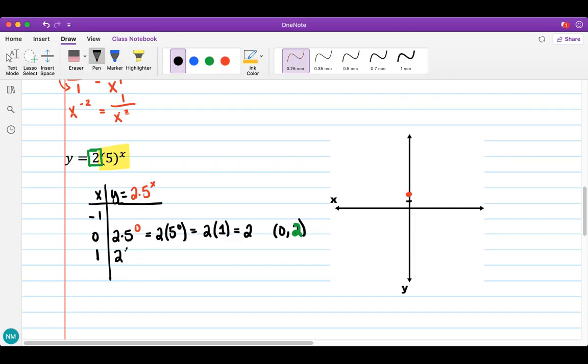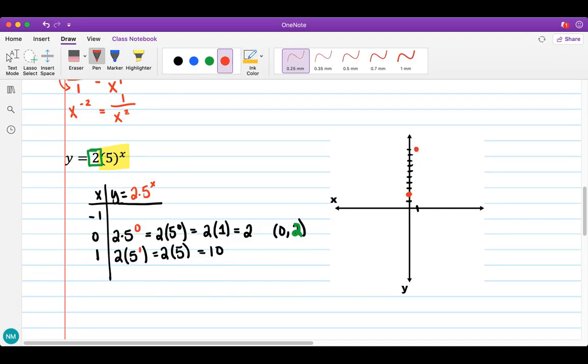Okay. Now let's plug in 1. So we have 2 times 5 to the first power. Now we do the 5 to the first, and 5 once is just 5. And 2 times 5 is 10. So we count 1, 2, 3, 4, 5, 6, 7, 8, 9, 10, and my point goes right there.